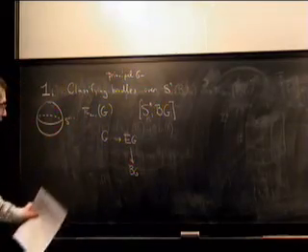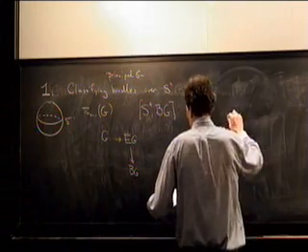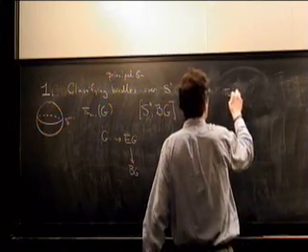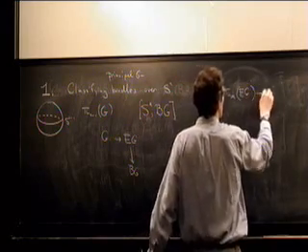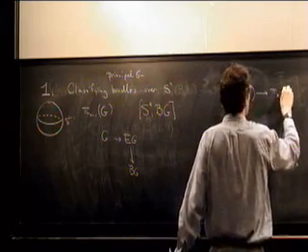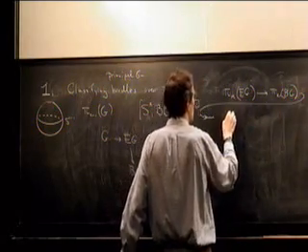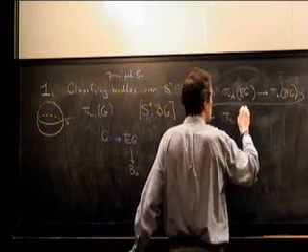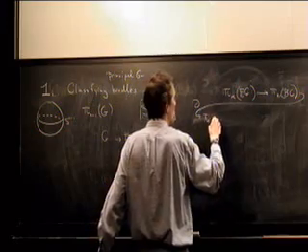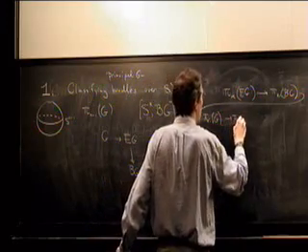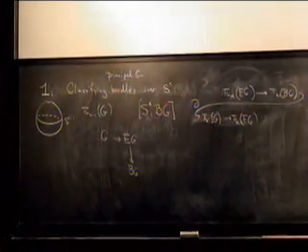So let's apply the exact sequence to that. So what do we get? We get pi k of EG goes to pi k of BG, projecting down. Connecting homomorphism goes to pi k minus 1 of G, goes to pi k minus 1 of EG, and so on.